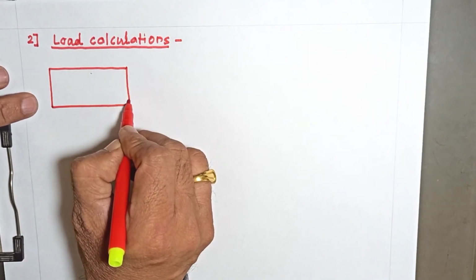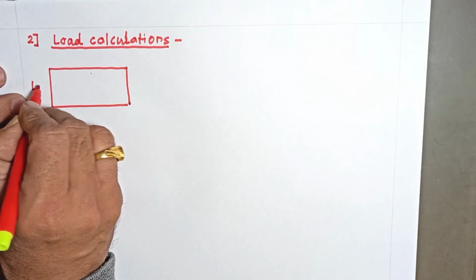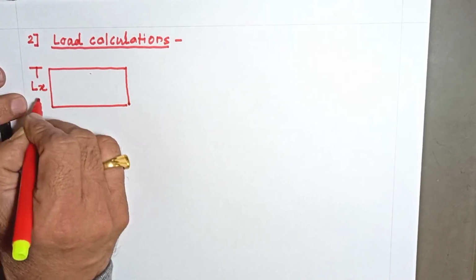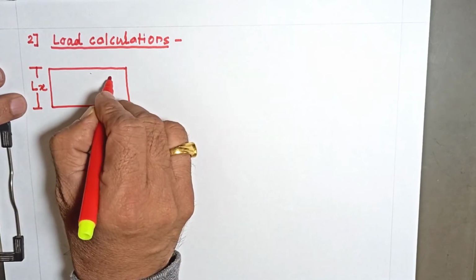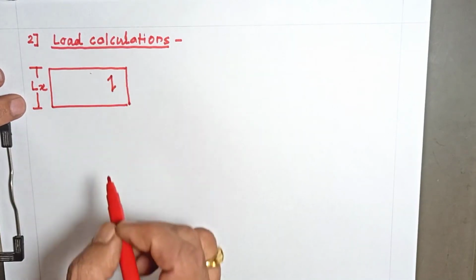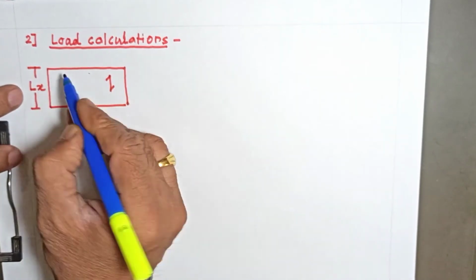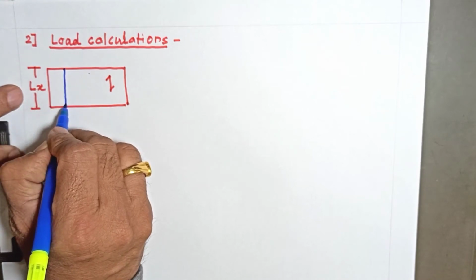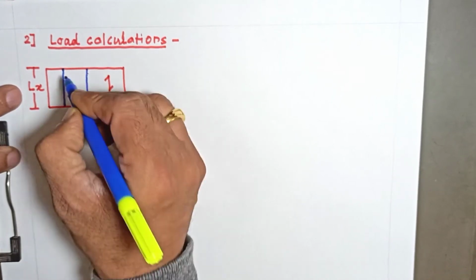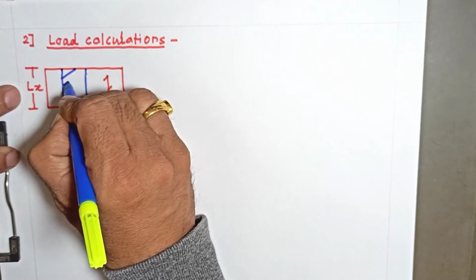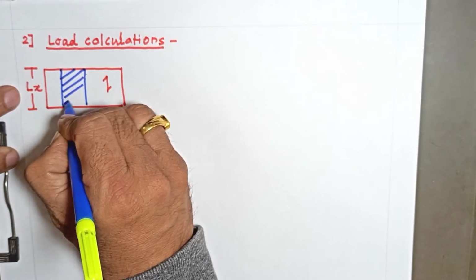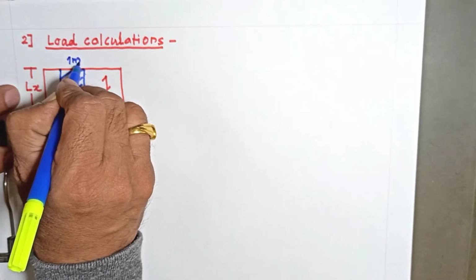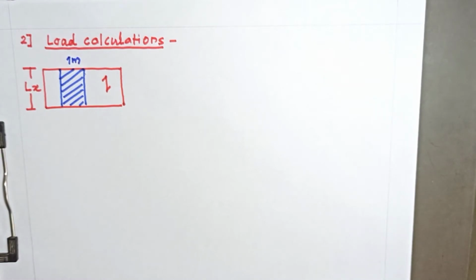So if I say that this is LX, the slab is spanning in this particular direction, that is, the load will be supported or transmitted in this particular direction, and we are considering the loads for 1 meter wide strip of the slab. So this strip is 1 meter wide. So we will be calculating the loads for 1 meter wide strip.